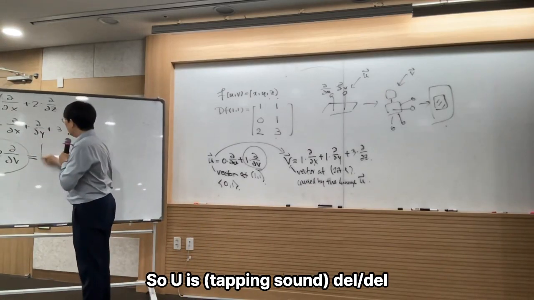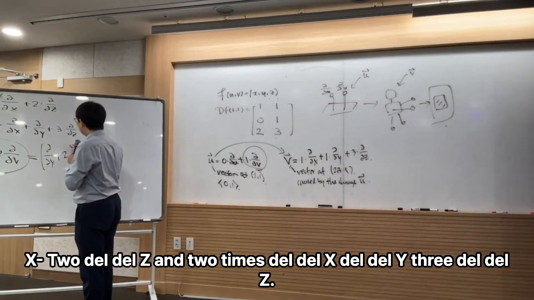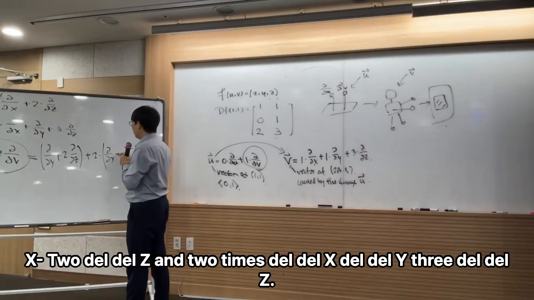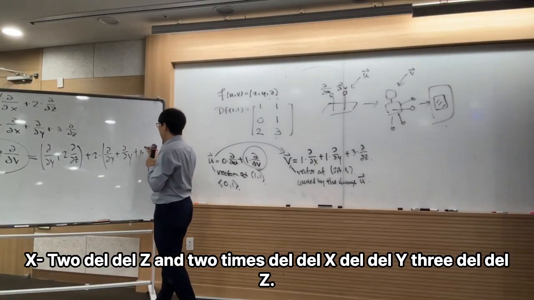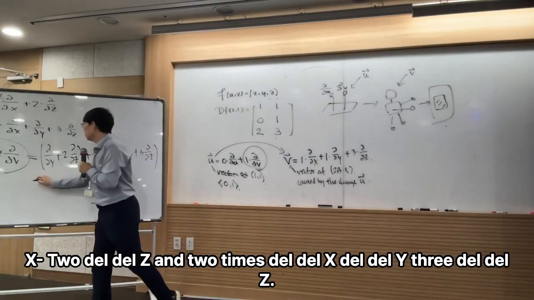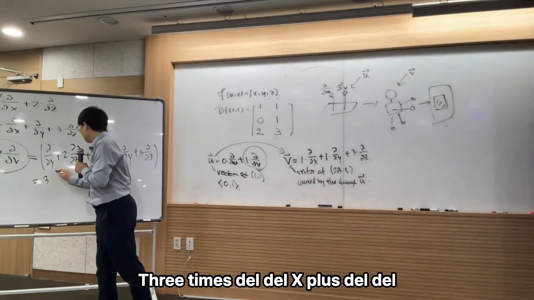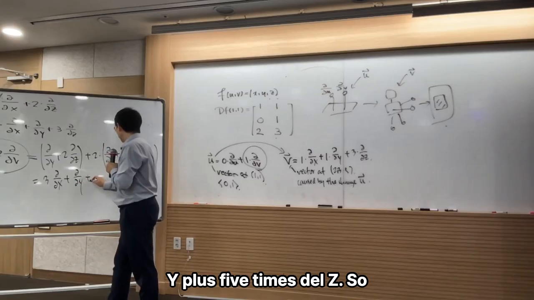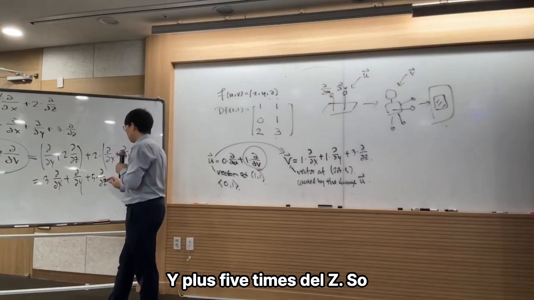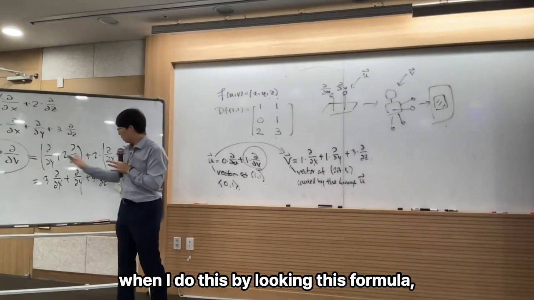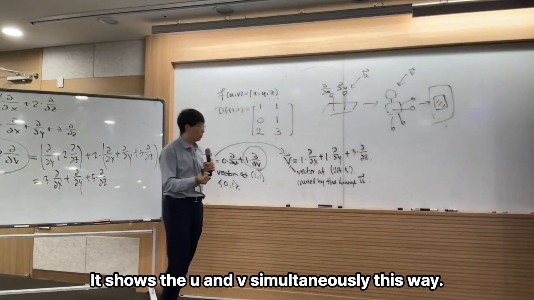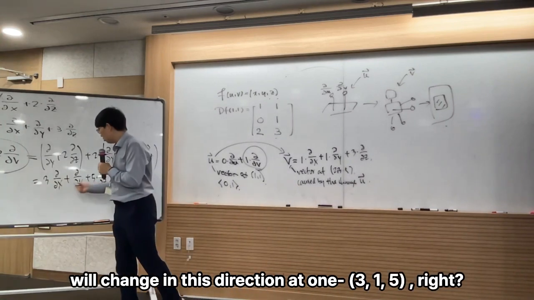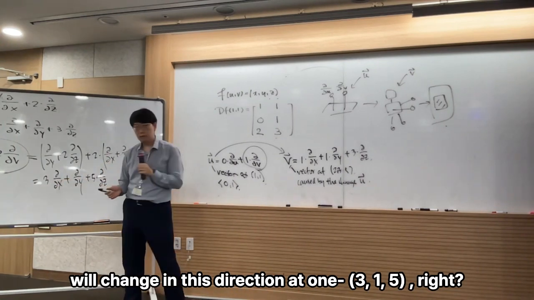So U is del X, del Z, and 2 times del X, del Y, 3 del Z. And what happens here? 3 times del X plus del Y plus 5 times del Z. By looking at this formula, I know that when I move my joysticks U and V simultaneously this way, the robot arm will change in the direction 3, 1, 5, right?